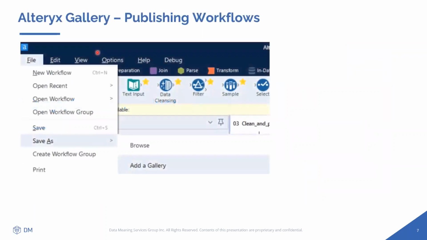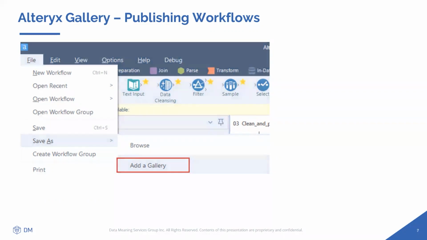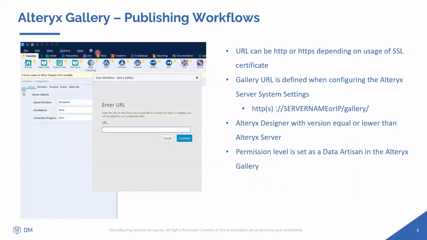The first step, of course, is to add your Gallery. So you need to open your Alteryx Designer. You go to your File tab, Save As or Open Workflow, it doesn't really matter. And you need to add a Gallery. From there, you're going to see a pop-up like this.